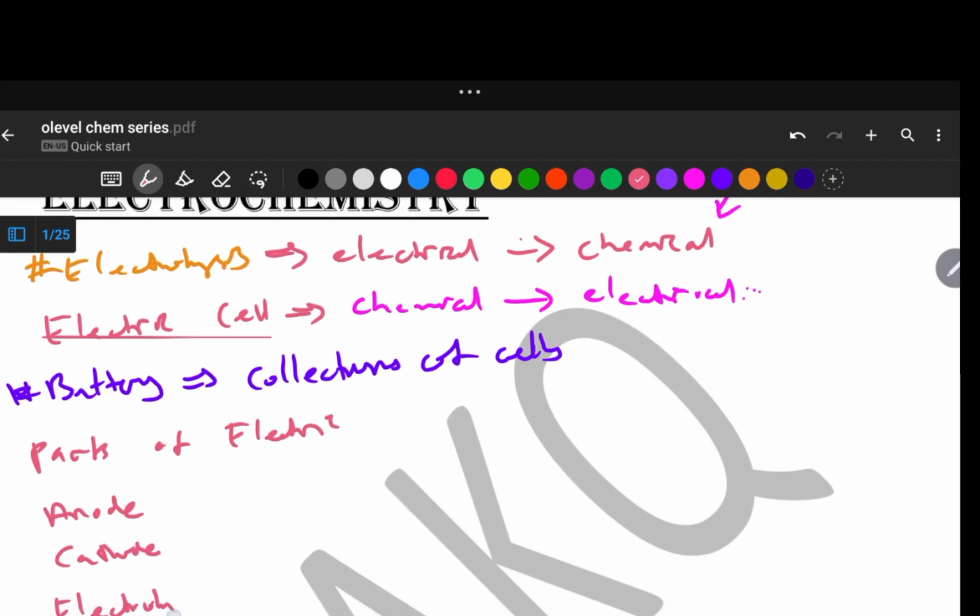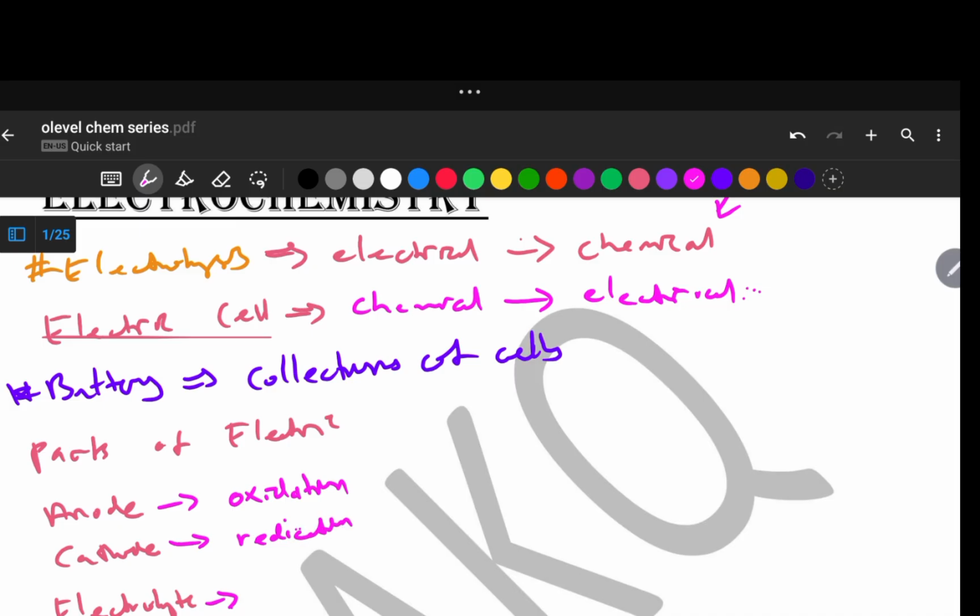So we have defined these terms before, right? So anode is defined as the electrode where oxidation takes place, and then cathode is defined as the electrode where we are having reduction.